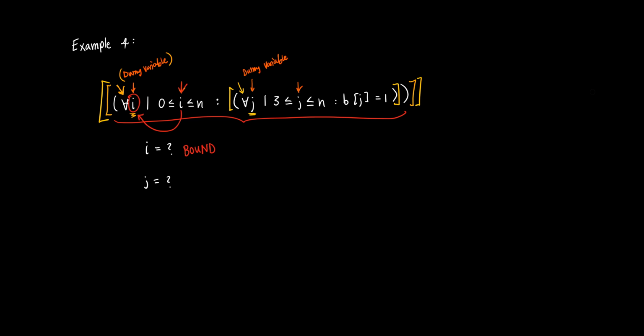We have our j over here appearing right next to our universal quantifier, which means that j is a dummy variable, and that means that all occurrences of j within the quantification are going to be bound to dummy variable j. All that means is all occurrences of j within the scope of this small quantification are going to be bound to dummy variable j. So that means this instance of j and this instance of j are both bound to the dummy variable j that is instantiated over here, which means that these occurrences of j are also bound.